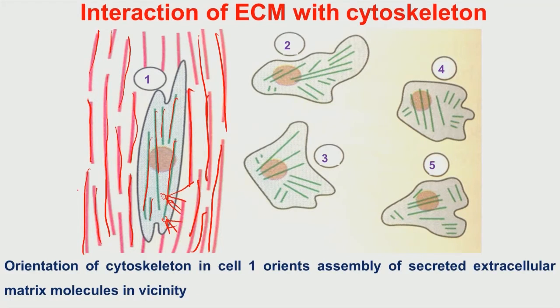However, in the neighborhood of this cell number 1, if there are 4 other cells, 2, 3, 4, 5, you notice their actin filaments or cytoskeleton fibers are oriented quite differently with respect to the ECM around cell number 1. What it means is that there is a clear mismatch in orientation between the intracellular cytoskeletons and the extracellular matrix collagen here.